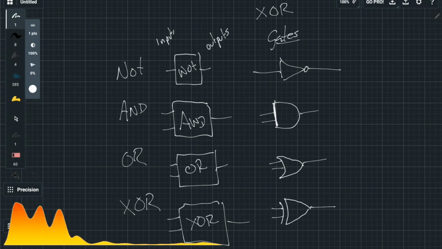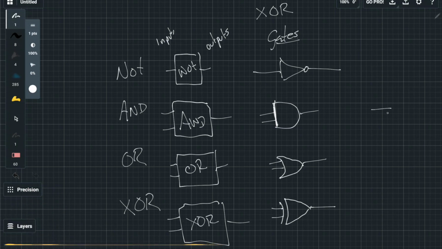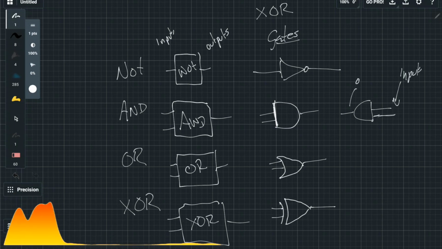And the nice thing is you can then start drawing diagrams, and you're always going to know where the input is and the output is, because it's kind of obvious. So you could draw an AND gate this direction, and you know where the input is. The inputs are all over here, and the output is over here because of the direction of the diagram.